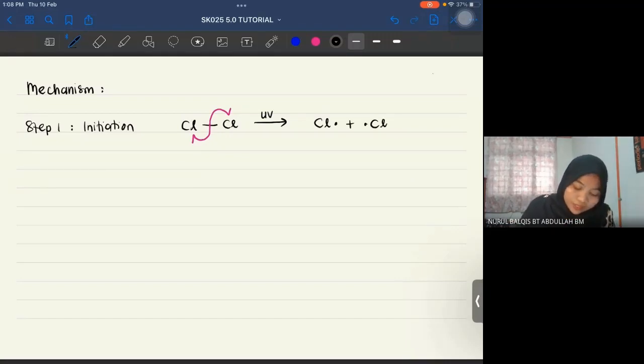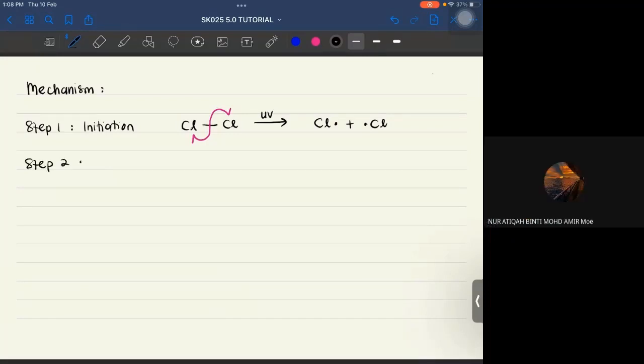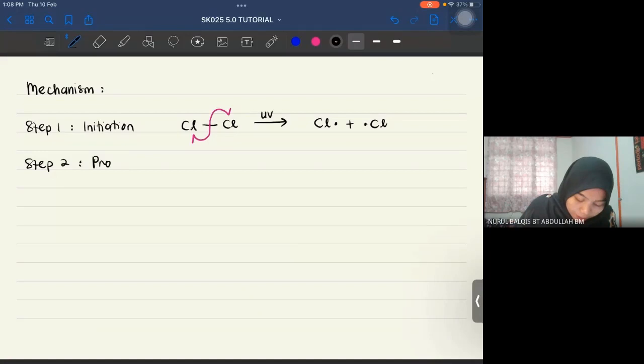And then we proceed with the second step. What is the name of second step? Propagation step. So during propagation step, what will happen during the first step ni? Kita akan react siapa dengan siapa? Kita ada carbon kita tadi kan?